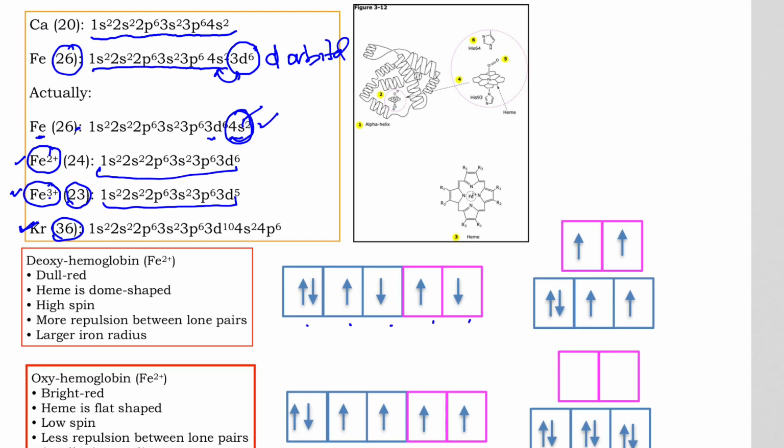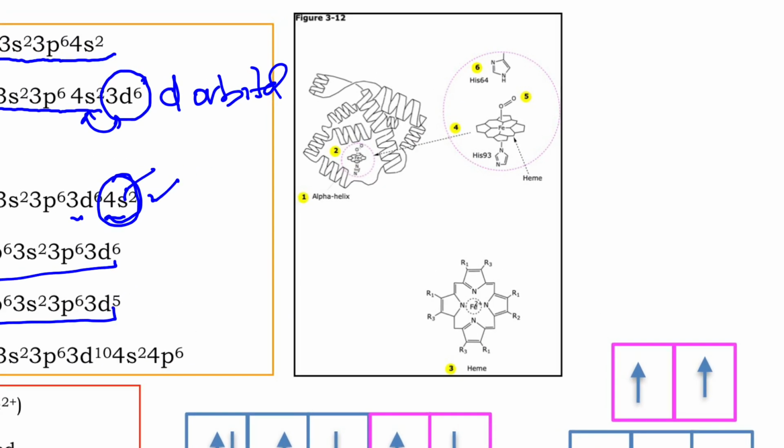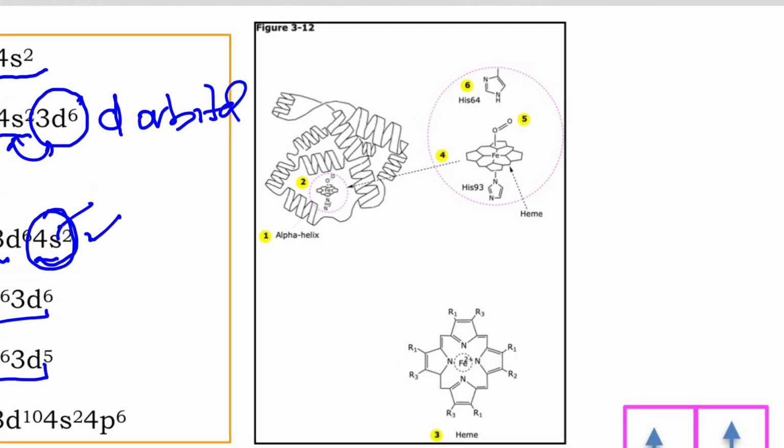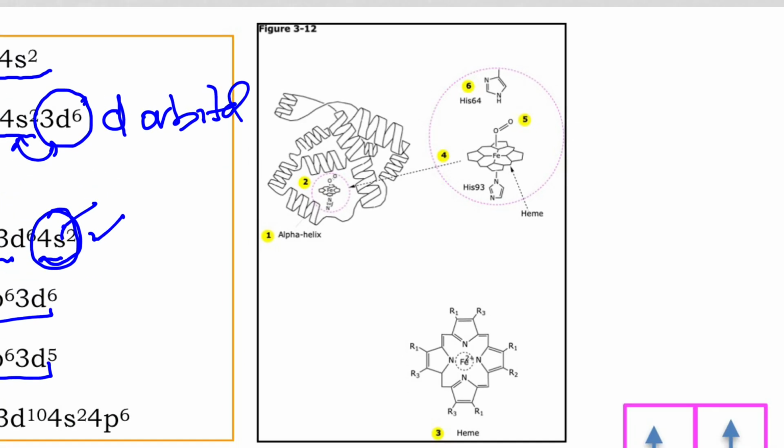So one of the most important functions of iron is in oxygen transport, and as we mentioned in the earlier video, oxygen transport is all about energy, and continuous energy production is very important for our body, for our cells.